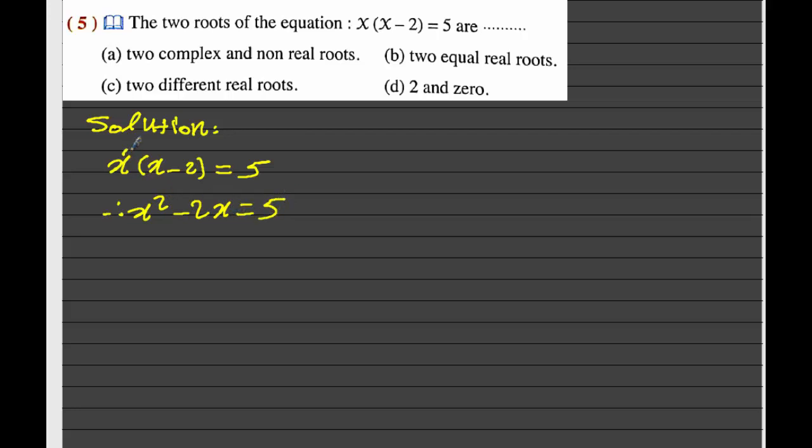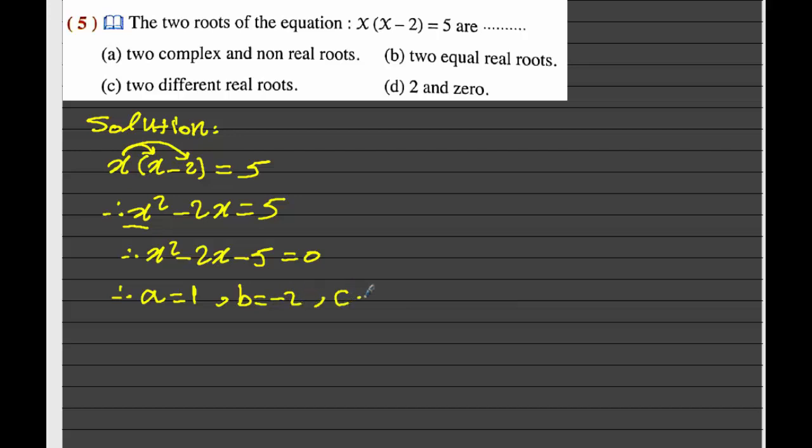Again, x multiply x equals x squared, and x multiply negative 2 equals negative 2x. It is equal 5. So x squared minus 2x minus 5 equals 0. So here we have A equals 1, and B equals negative 2, C equals negative 5.